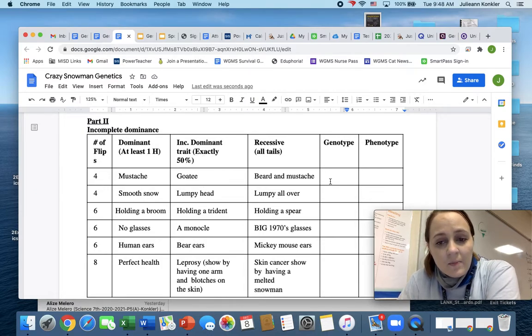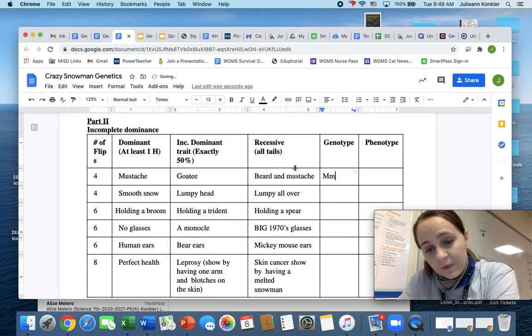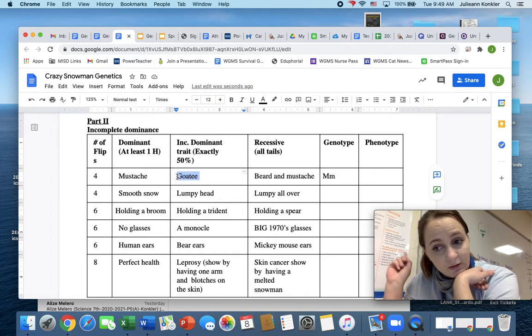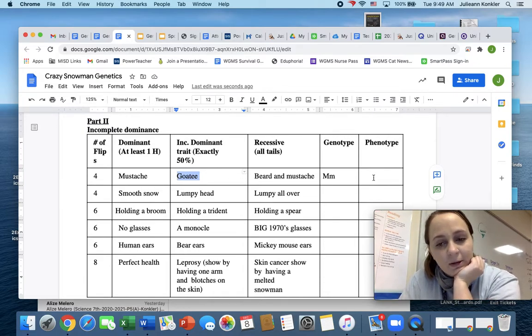So for that, mustache is the dominant trait, so we're going to use M. So we're going to do half and half. So 1 capital dominant gene being passed down and 1 recessive. So 50-50 would be the goatee. So my snowman would have a goatee, kind of like you see the picture behind me right there. That's a goatee. So goatee would be my phenotype.